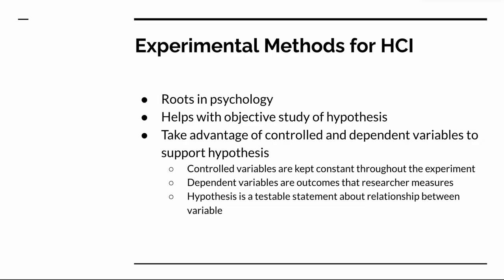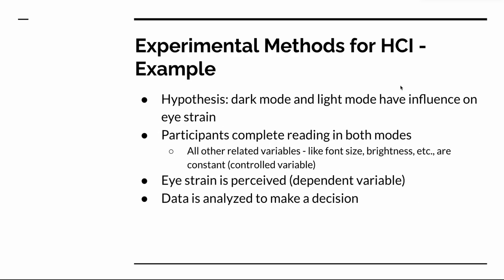The hypothesis is a testable expectation statement about the relationship between variables, and we're trying to support it, or our experiment may fail to support it. That's what is happening.